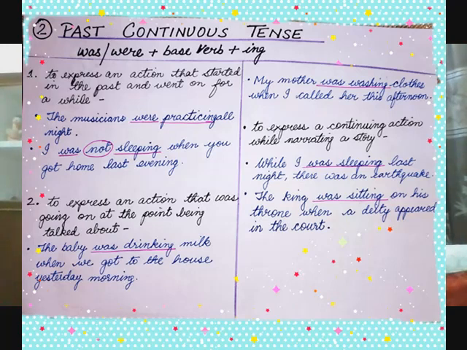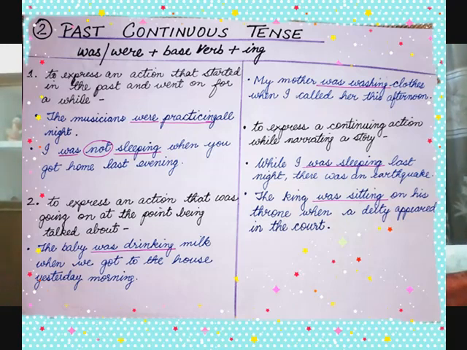While I was sleeping last night, there was an earthquake. Someone is telling this, that what happened when he was sleeping. An earthquake occurred, and vice versa. When the earthquake occurred, what was that person doing? He was sleeping. So was sleeping is your past continuous.